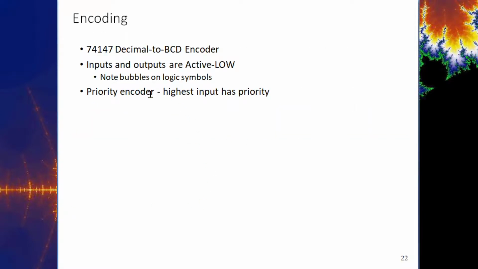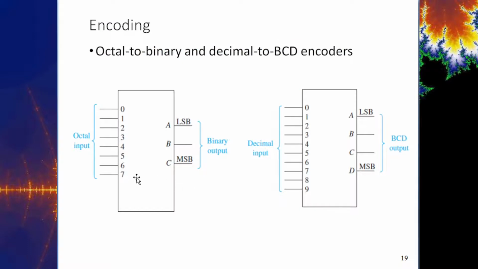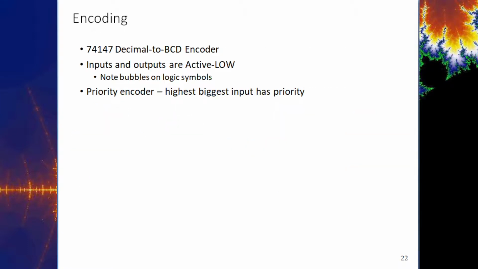Priority encoding says the highest input has priority, highest meaning the biggest numerically. So back to my example, if 7 and 4 and 0 are all on at the same time, 7 is the one that takes priority because it's the bigger number, and it really just goes from 0 to 7, lowest to biggest. So that's priority encoding.